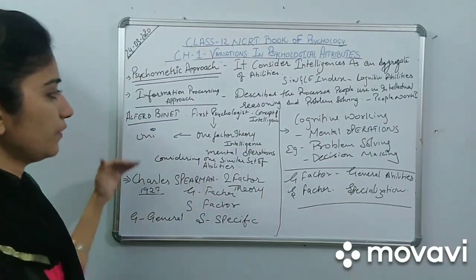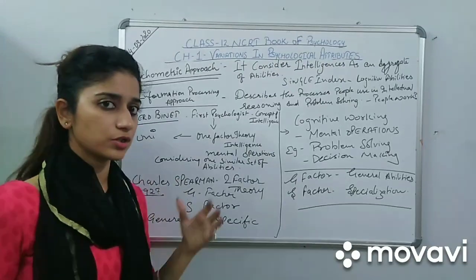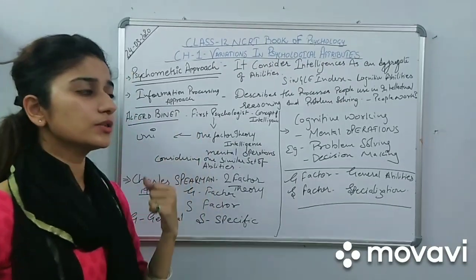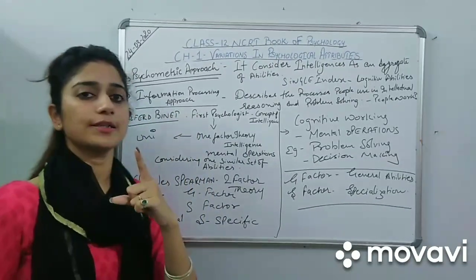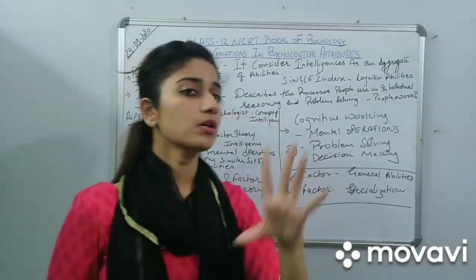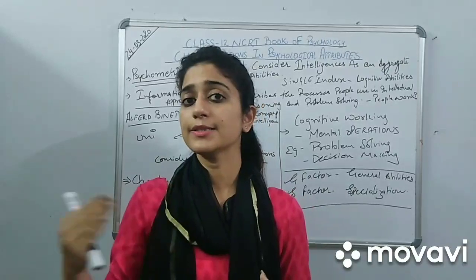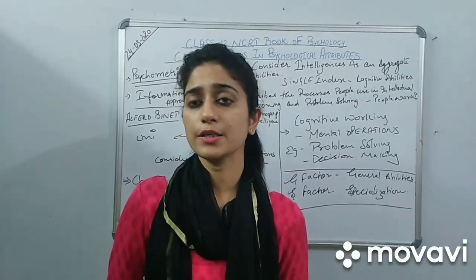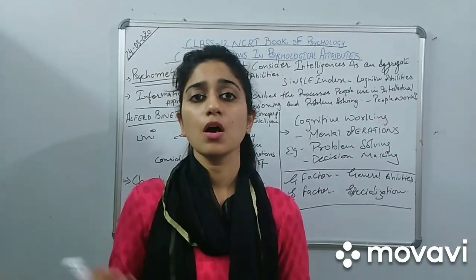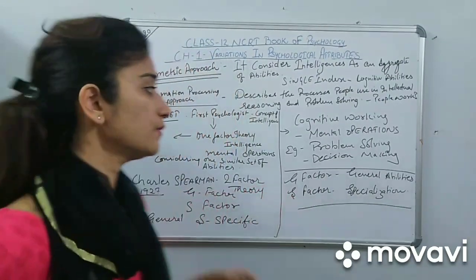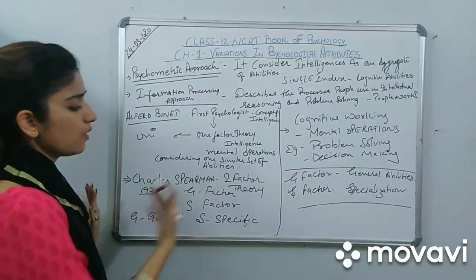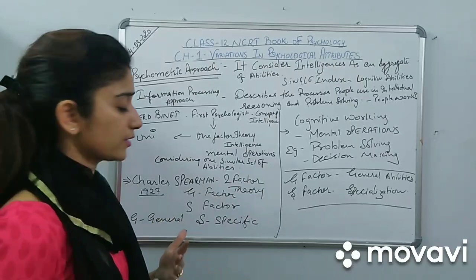Then moving further, when other psychologists worked over this theory, they said that only one factor, intelligence, is not enough. Intelligence is also related to understanding, to reasoning, and to explaining ourselves. So it is related to more factors also.